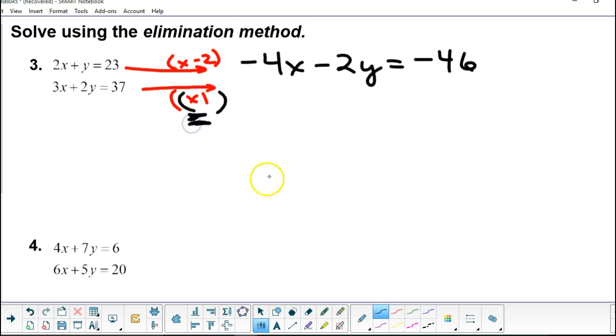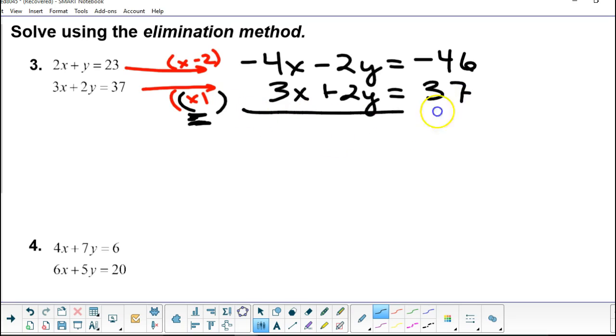So that's going to work out real nice. It just basically stays the same. 3x plus 2y equals 37. Now, again, the reason why I chose to do that, if we look at what's going to happen, I'm going to combine these, and these two variables are going to cancel each other out.